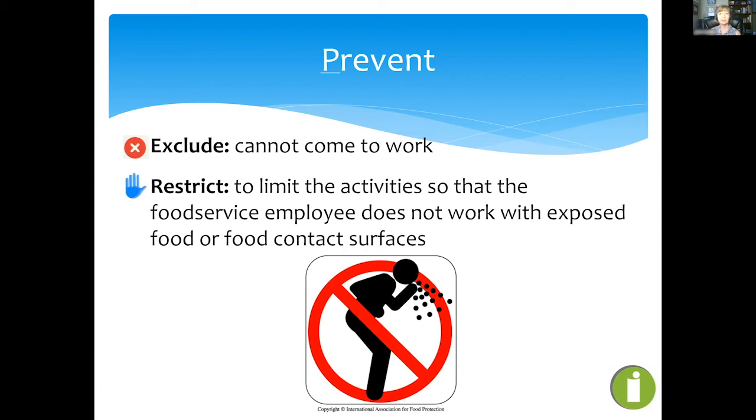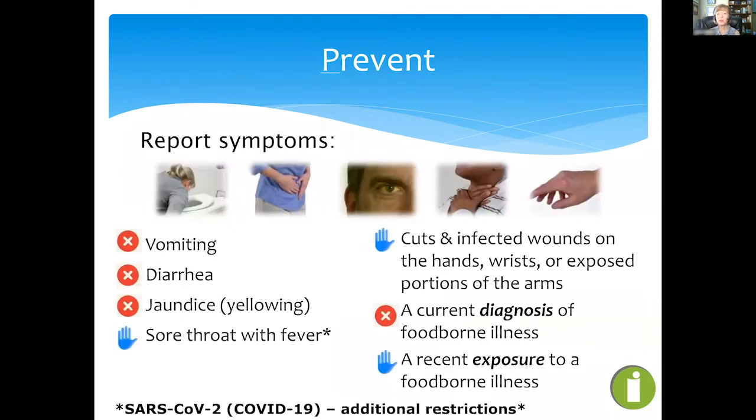Yes, you can tear down cardboard boxes, you can mop and do floor maintenance, you can put packaged food away, but not open containers of food. But you cannot work in the dish room, you can't touch any clean or dirty food or food contact surfaces. And I'll come back to why the dish machine is off limits. Even if you're working on the dirty side, you can't do that. So let's talk about these a little bit more, the difference between excluding and restricting.